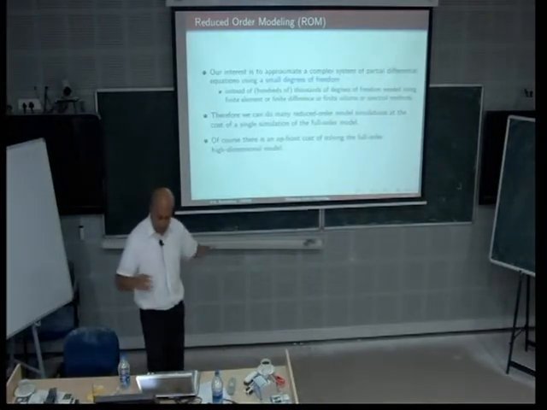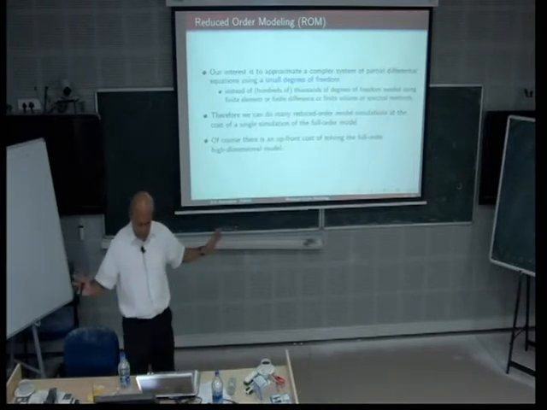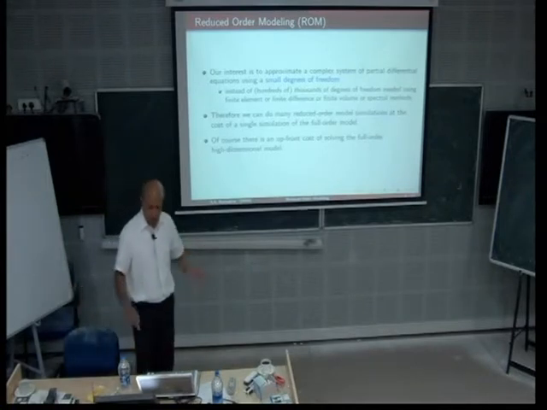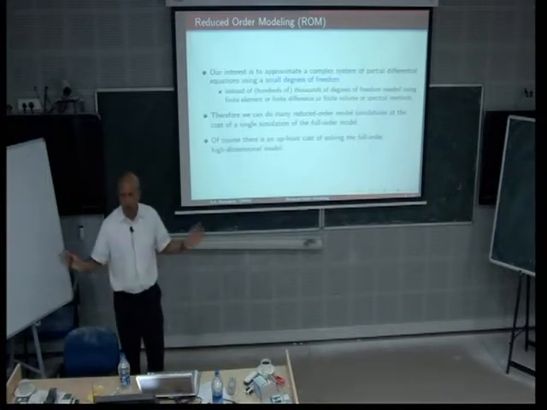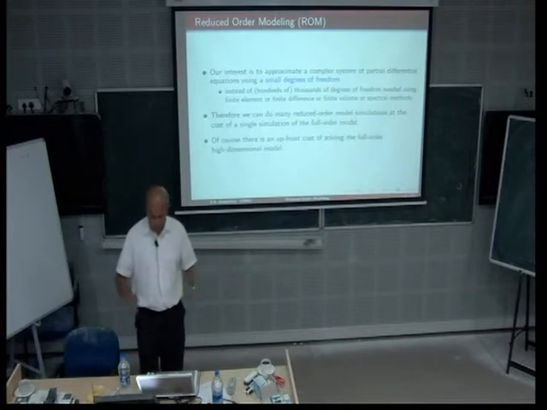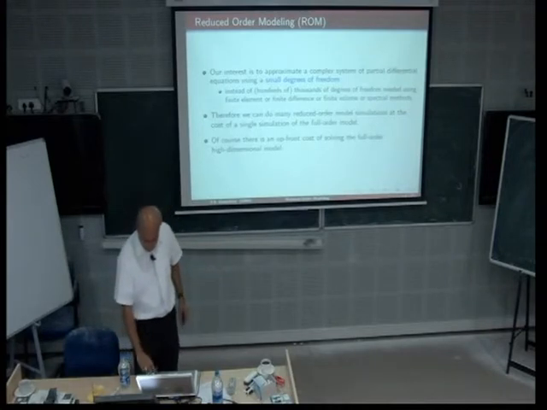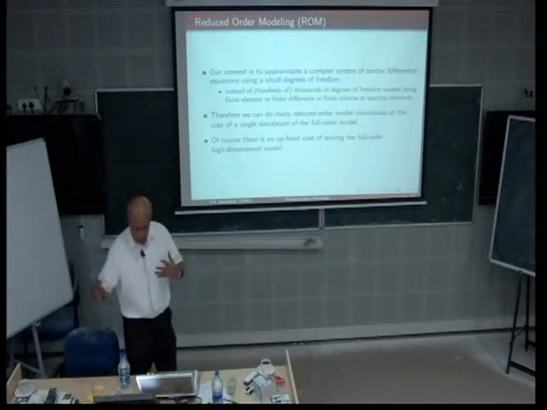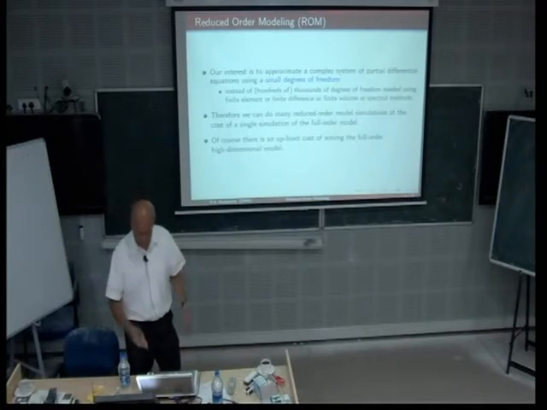So you basically have to solve the full order model, the standard model, using your favorite numerical scheme, finite volume or finite element or whatever, and then you have to store it. You can do it offline, using a huge storage, and then based on the stored data, you're going to reconstruct the Navier-Stokes model, and that will have small degrees of freedom.